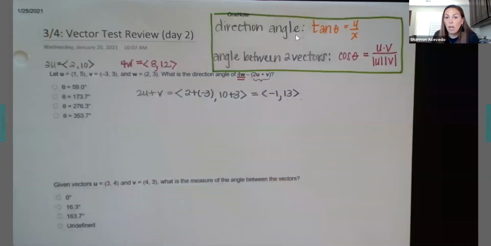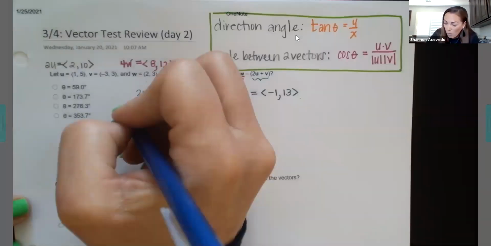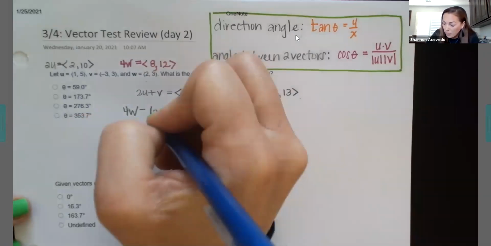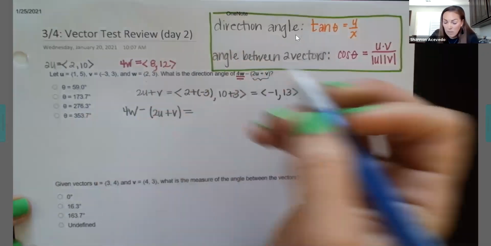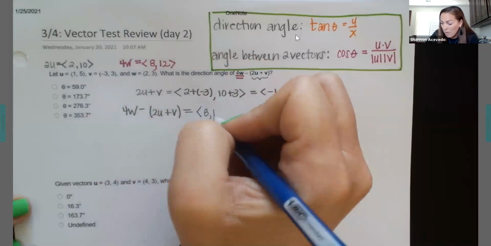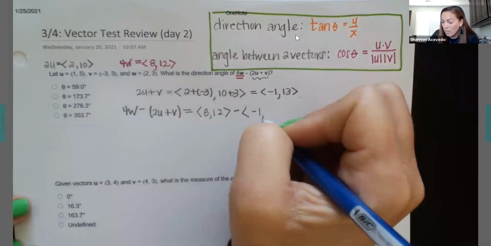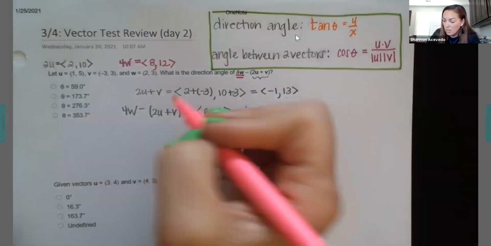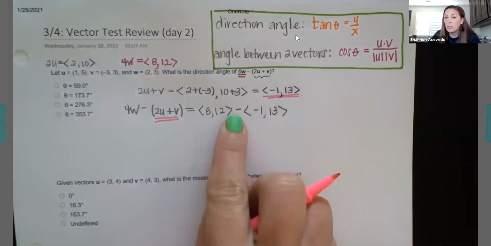If I want this whole set, 4w minus the quantity 2u plus v, that's going to be my vector 4w, 8, 12, minus my negative 1, 13. It's a minus, so be careful, because that minus goes to each term.